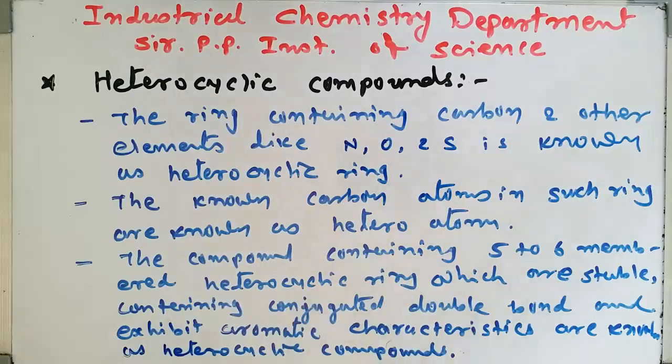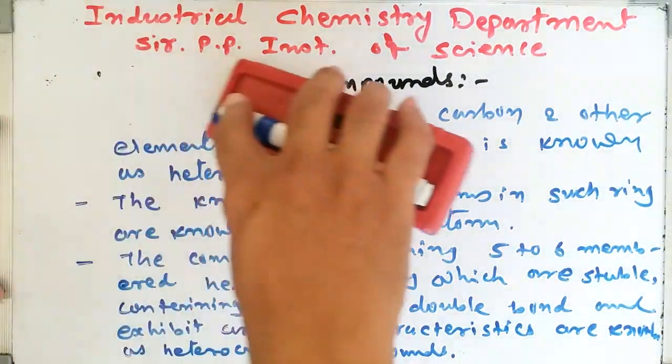The compound containing a 5 to 6 member heterocyclic ring, which is stable, contains conjugated double bonds and exhibits aromatic characteristics, is known as a heterocyclic compound. So this is the definition of heterocyclic compound. Now we see the classification of heterocyclic compounds.